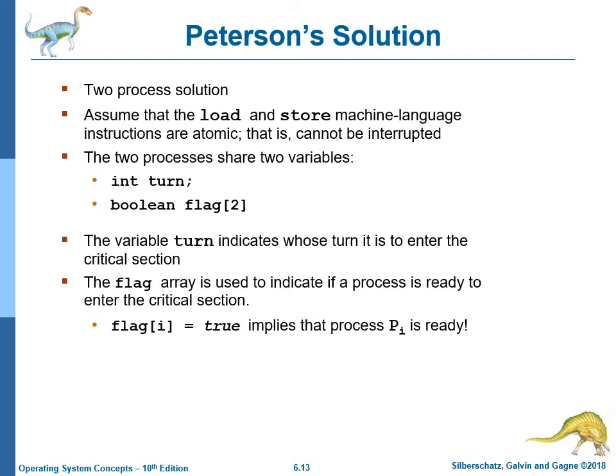However, we present the solution because it provides a good algorithmic description of how to solve the critical section problem and illustrates some of the complexity involved in designing software that addresses the requirements of mutual exclusion, progress and bounded waiting. So walaupun Peterson solution ni is a classic software solution, tapi tak menjamin ianya boleh digunakan dalam modern computer architecture.